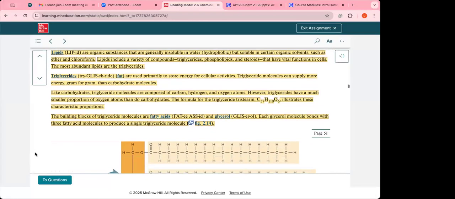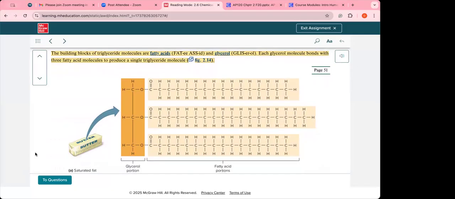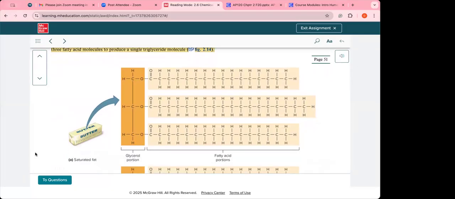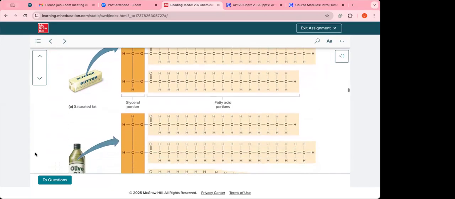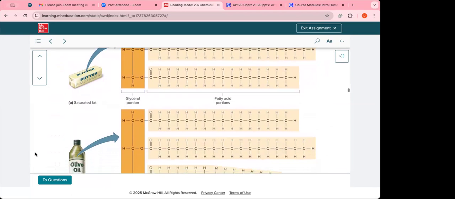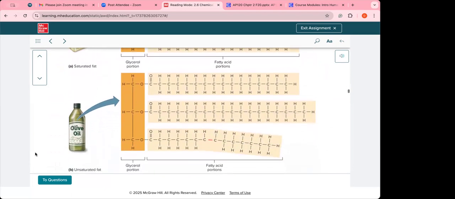Looks like it's in the, okay, what is this a picture of? The building blocks of triglycerides are, okay, so we're looking here at saturated fat. B, we're looking at the unsaturated fat with a fatty acid portion, okay?